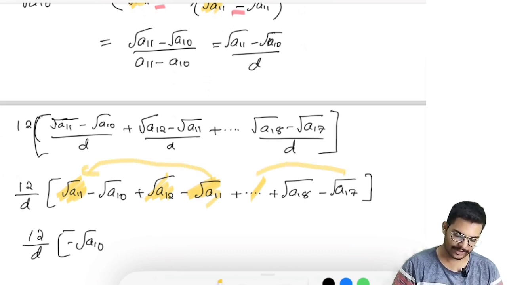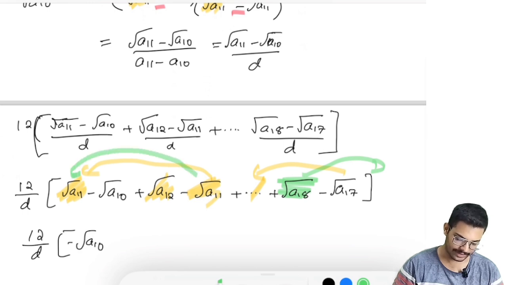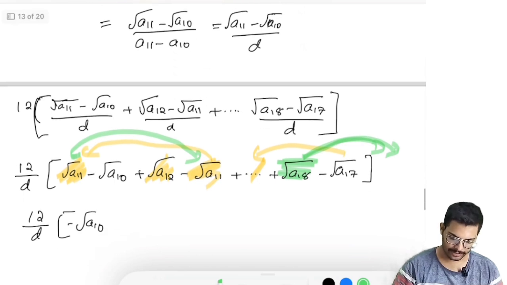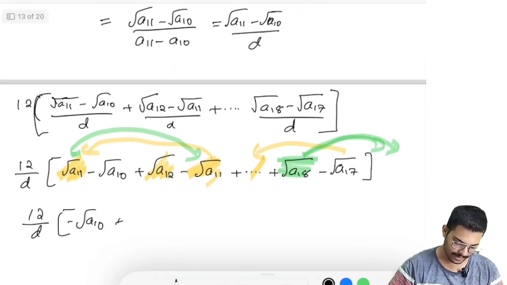This will be cancelling with the previous term, and this term will only cancel with the next term. This positive term, the first term, only cancels with the second term of the next group, but there is no other term, which means this value will be there. It will be root of a18.